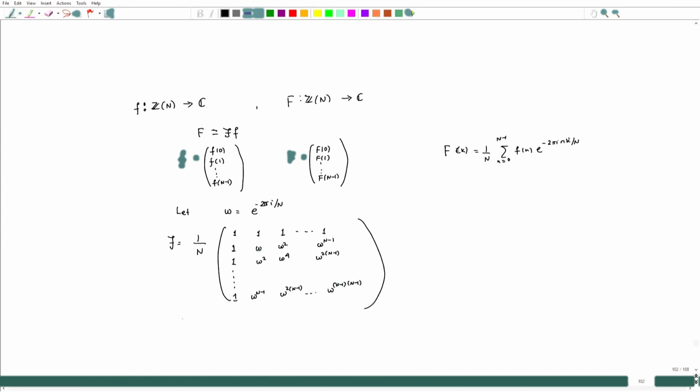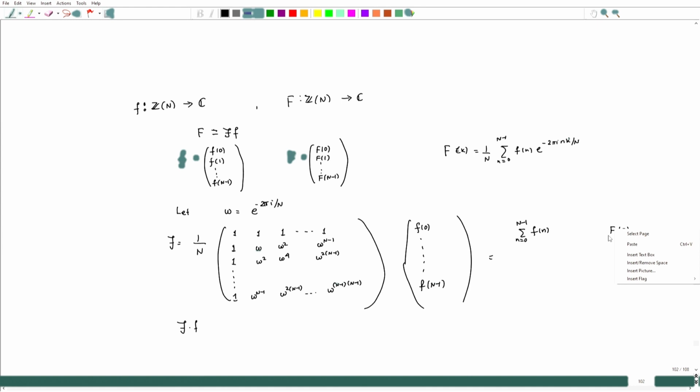Now, if I compute script F acting on f, this is going to be F of 0 to F of n minus 1, the summation over n equal to 0 to n minus 1 of f of n times the entries. If k is equal to 0, then this is exactly what we have got, which is nothing but F of 0.